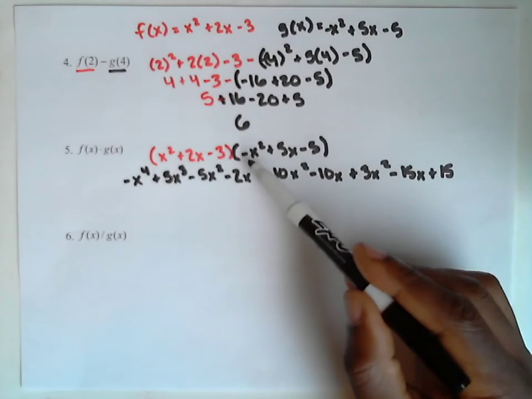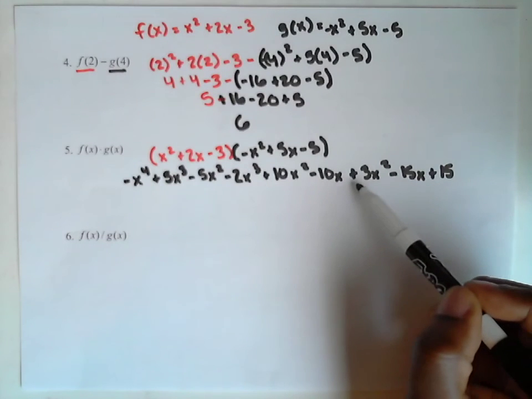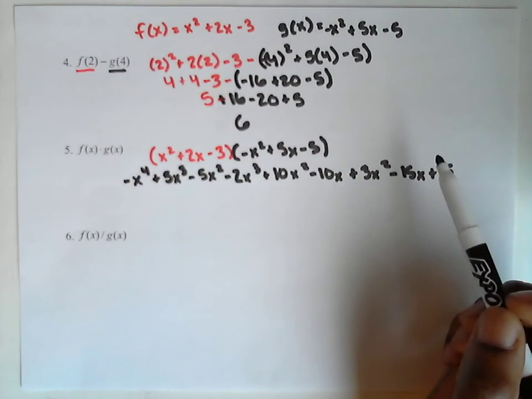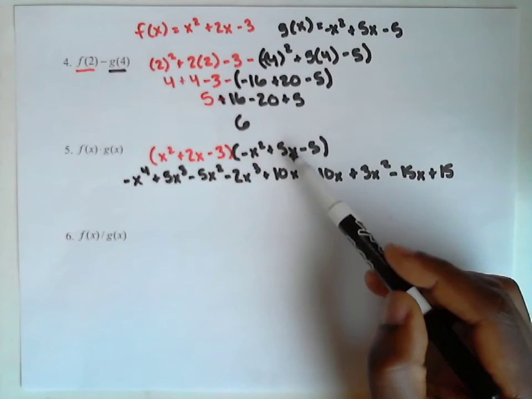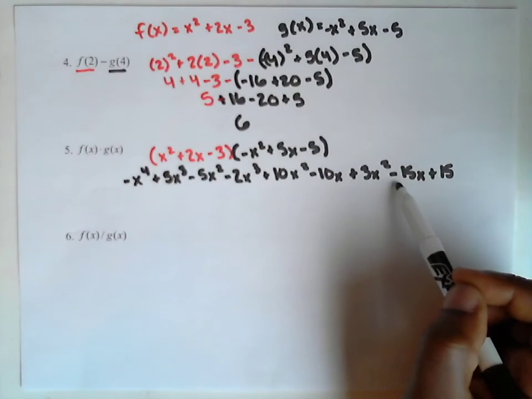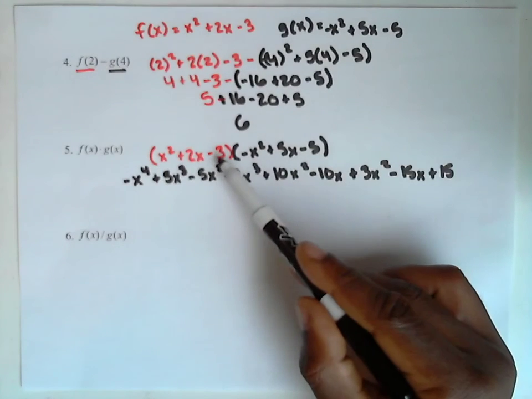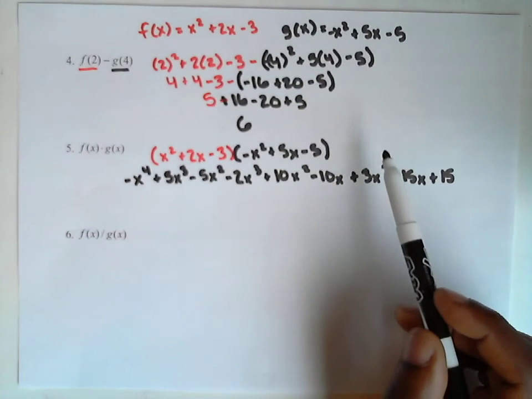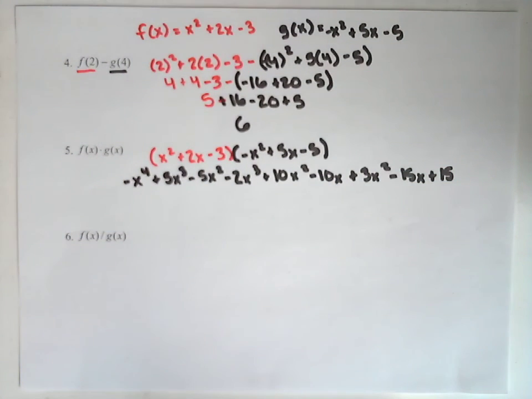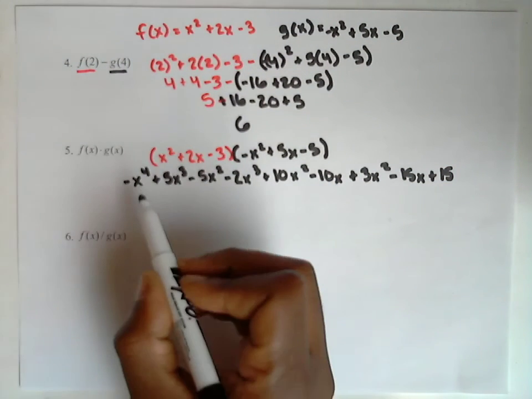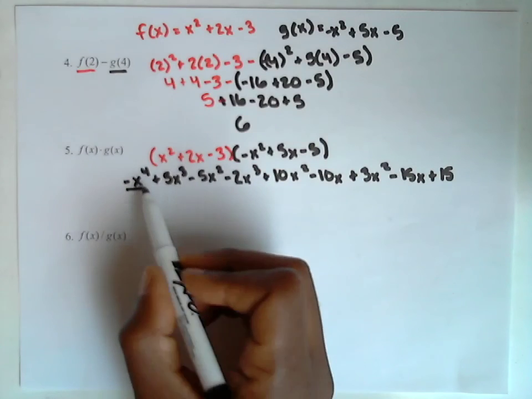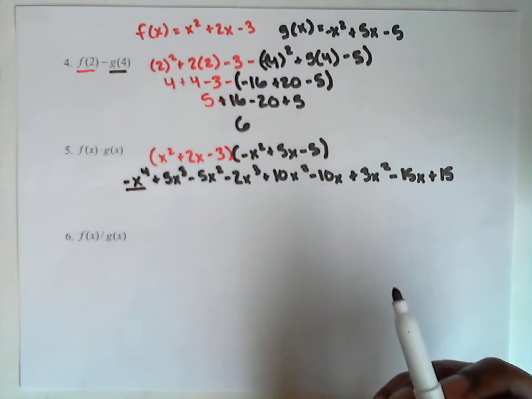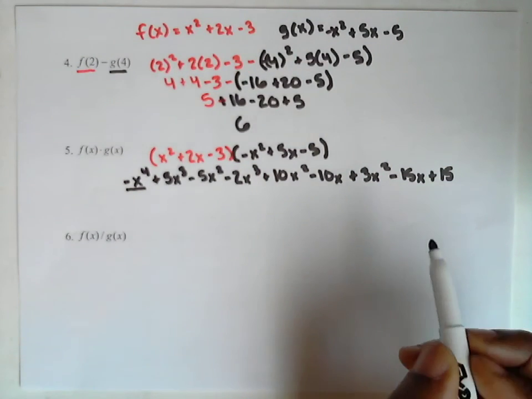My -3 multiplied by my x² gave me positive 3x². I had my -3 multiplied by 5x, which gave me -15x, and I got -3 multiplied by my -5, which gave me positive 15. So I've covered everything, and now again I can go through, find all my x to the 4th. I've only got one.